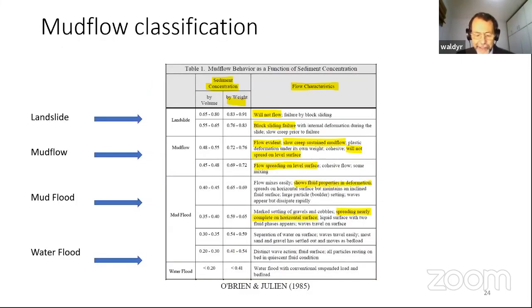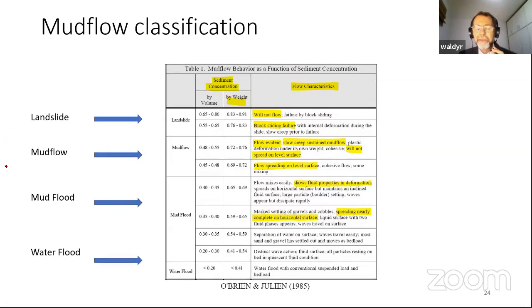There is something very interesting here. Let me just move this guy here. O'Brien and Julien presented a paper in 1985 that is still important for us today because it presents a mud flow classification.